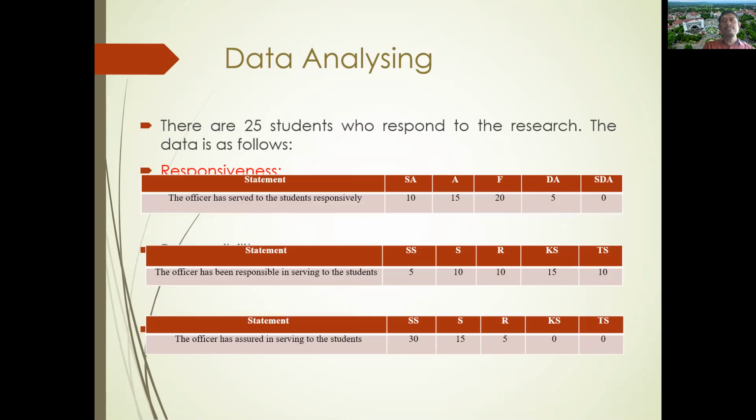For the aspect of responsiveness, there are 10 students that strongly agree to the statement, and then 15 students agree, 20 students choose fair, and 5 students choose disagree, and then there are no students strongly disagree. So that there are 50 students.